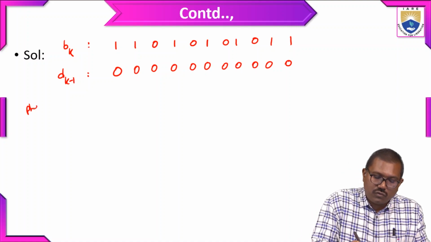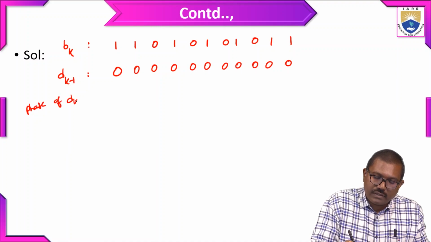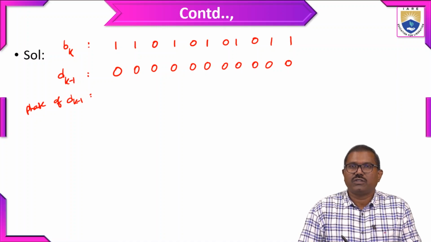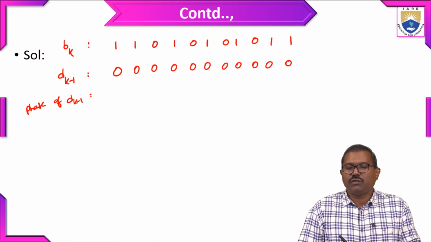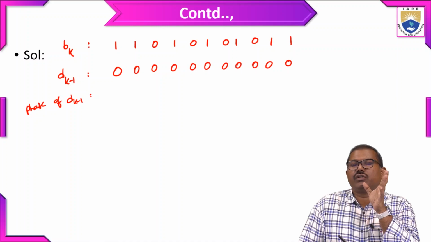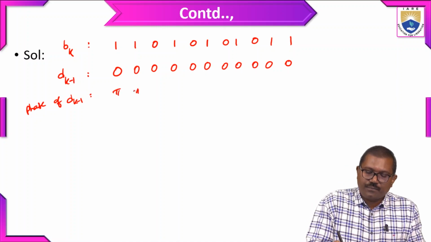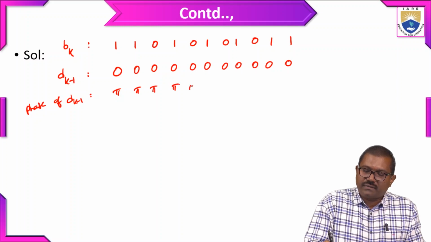Now the phase of dk minus 1. What did we say? We follow 1 having 0 phase and 0 having pi phase. Okay. So all pi's.